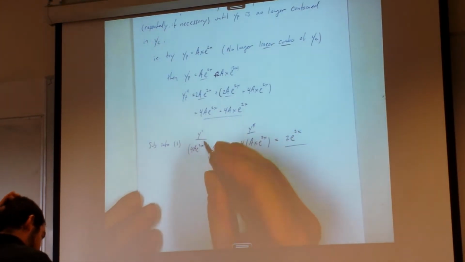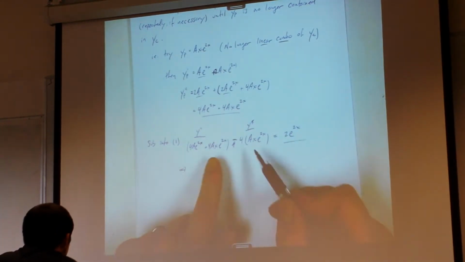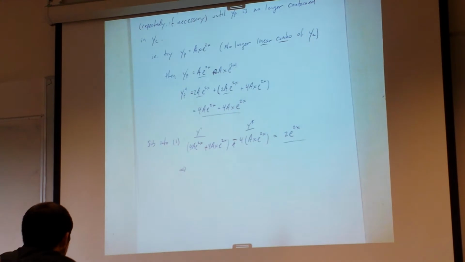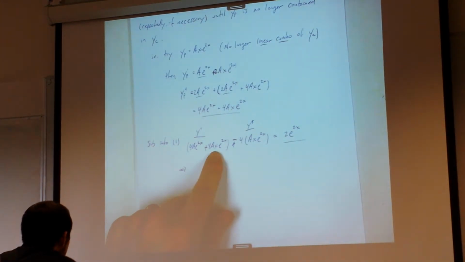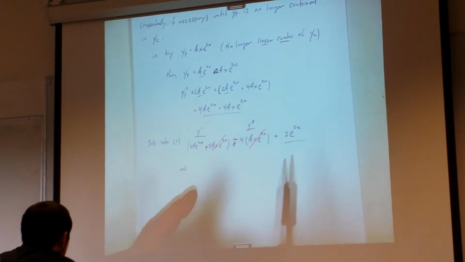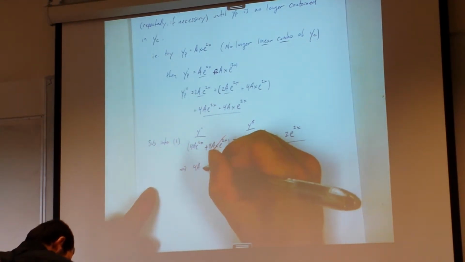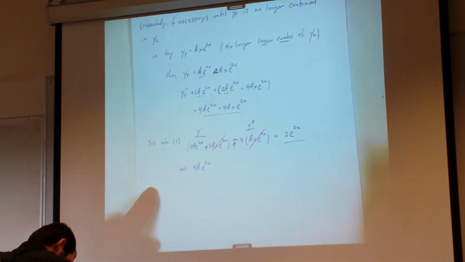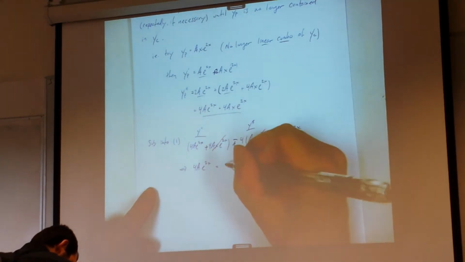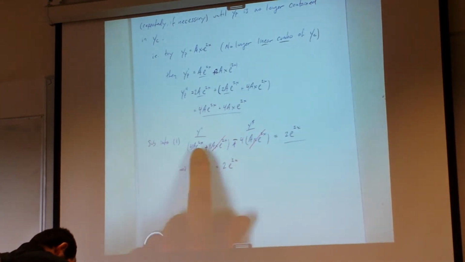All right, so some things will combine or cancel altogether, won't they? 4ax e to the 2x minus 4ax e to the 2x, those are just going to go bye-bye anyway. And so we got 4a e to the 2x equals 2e to the 2x. So notice the left side no longer gets, what we say, annihilated.